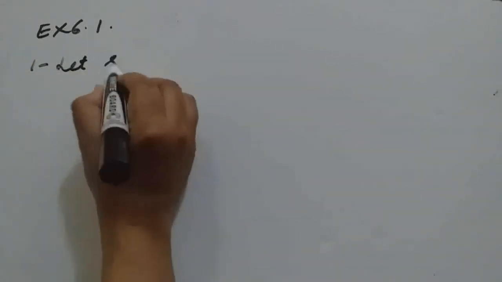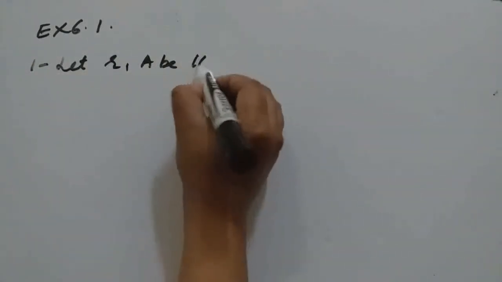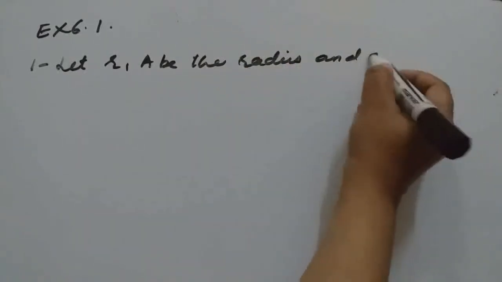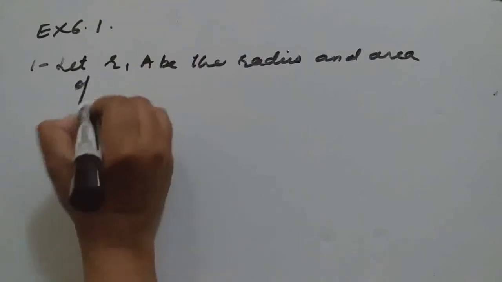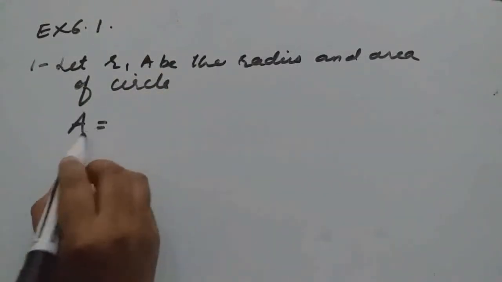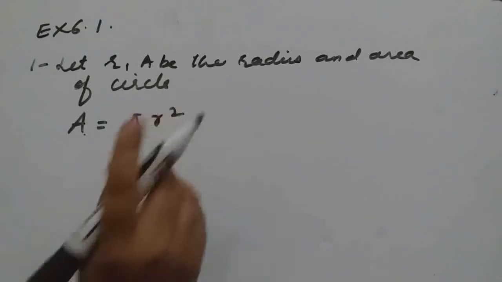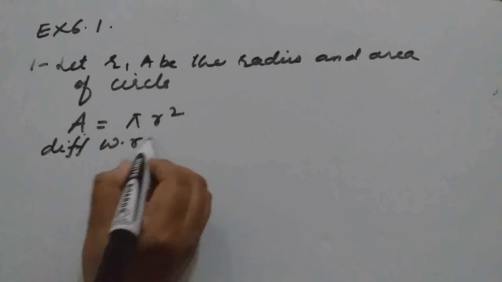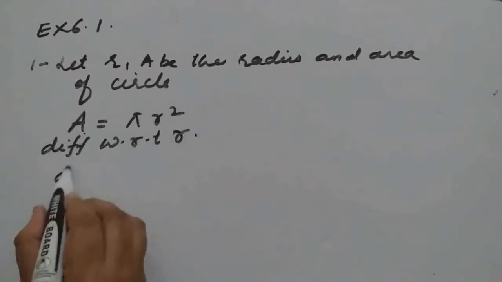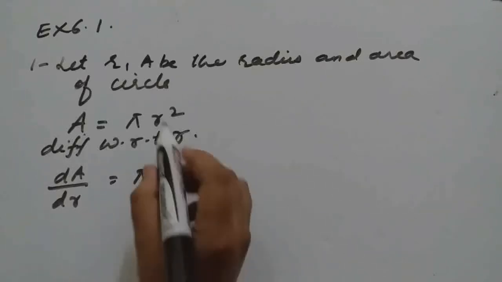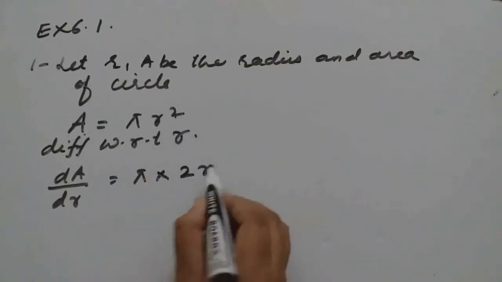So first of all, let r and A be the radius and area of the circle. So for the area of the circle, the rate of change of area we should find. So we will write the area formula here, then differentiate with respect to r. So dA by dr will be pi as the coefficient and the derivative of r square, by the power rule, 2r.